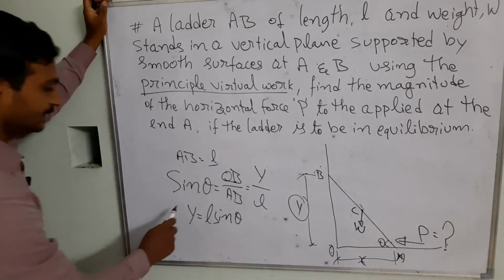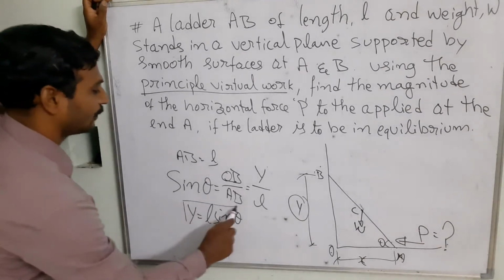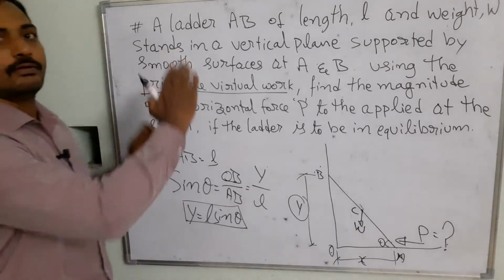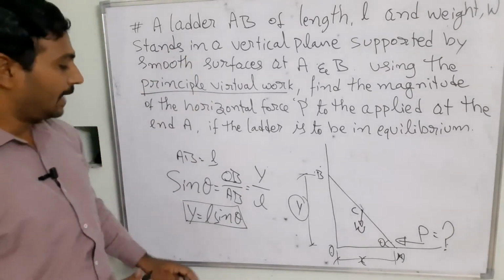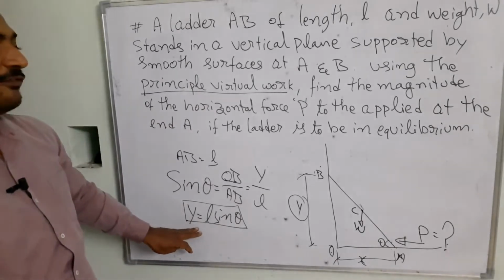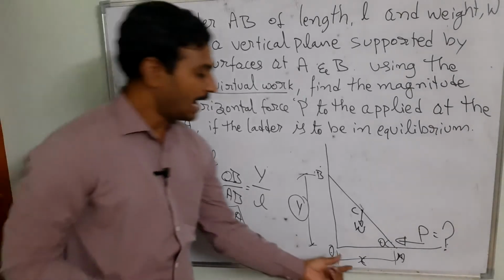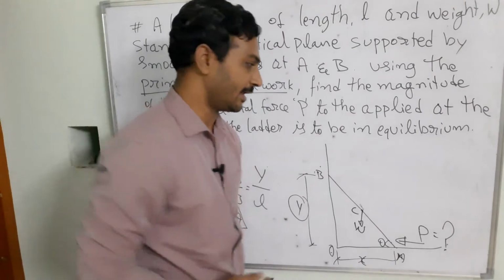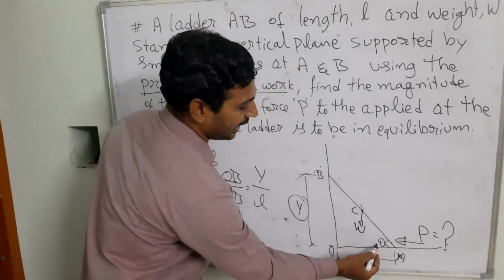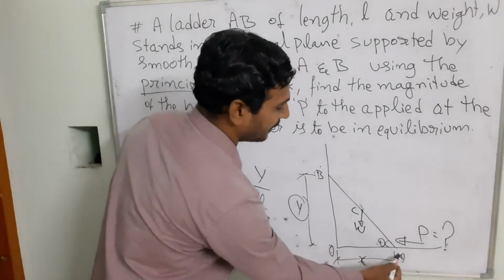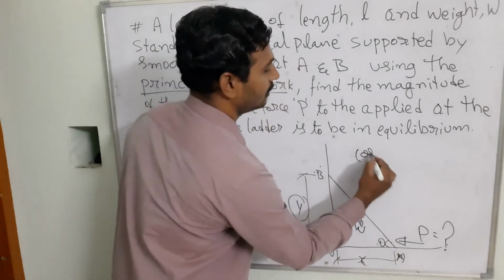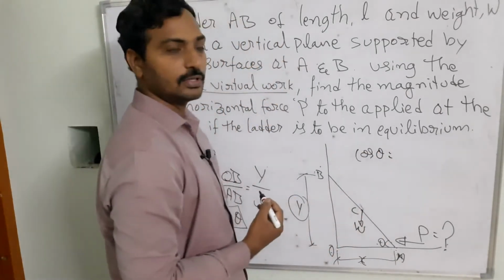Right? So this is the actual length when the ladder is supported by the vertical wall, but we need to find the infinitesimal displacement. At the same time I am going to calculate x over here. What is x equal to? For x, cos theta is equal to OA by AB.